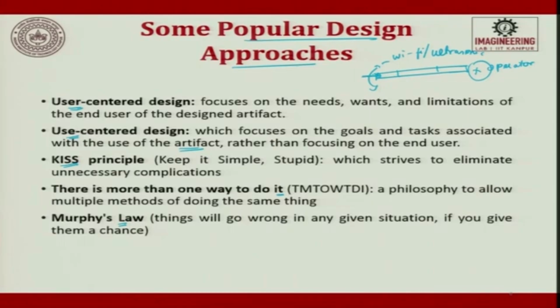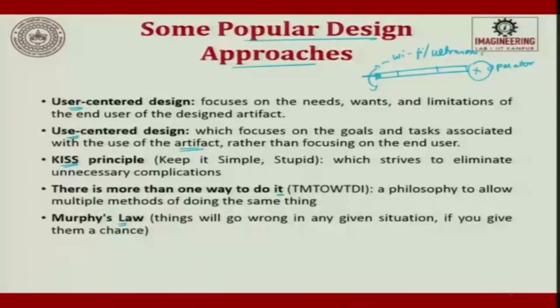Now, when we try to replace it with polymer, the polymer has a lesser weight, and now what people have done is they have taken that polymer, then they have filled sand on top of it. So, now you see that the polymer will not fly off. Polymer is economical to make and it is also easy to maintain. So, now what people have done is converted that polymer, made a small slot, added sand to it and made it more user friendly. So, that is use centered design. Earlier it was man based, now it is use based.